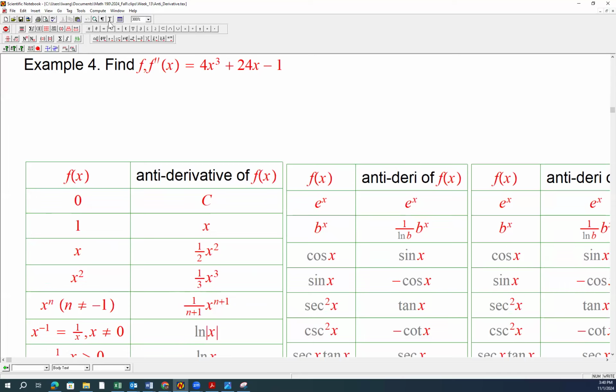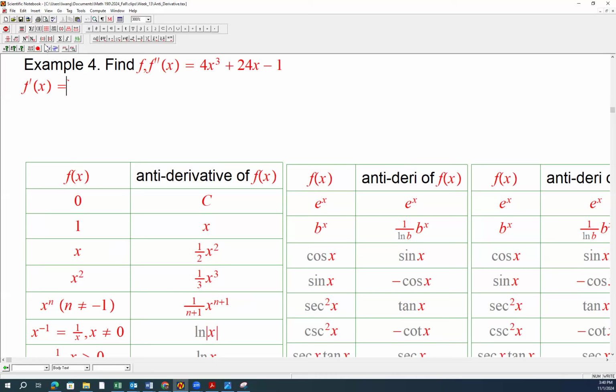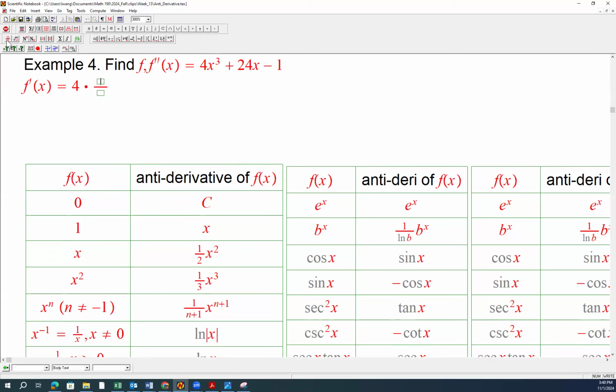You can pause if you like to find your own. Okay, so we got 4 times x raised to the power 3, its antiderivative is 1 over 4 x raised to the power 4, and plus 24x.